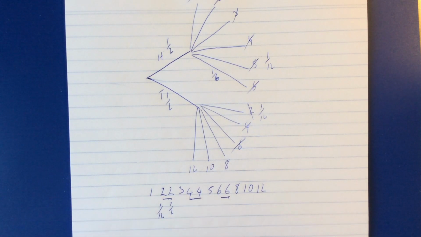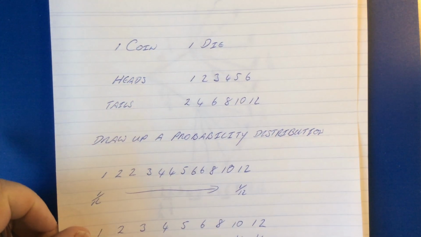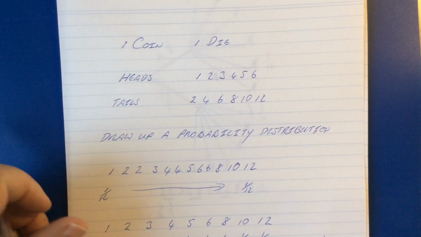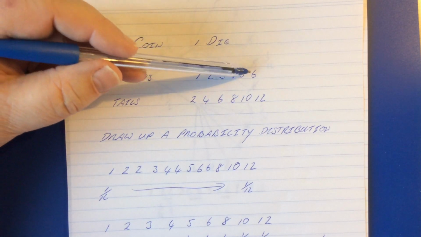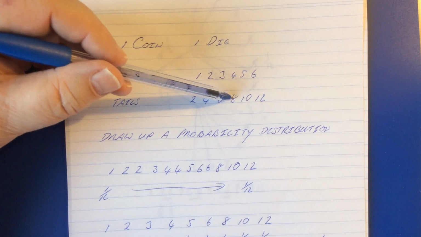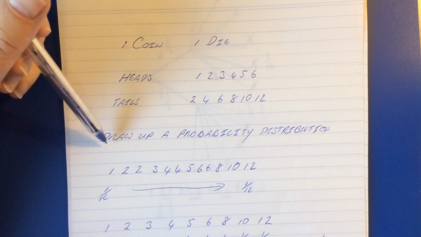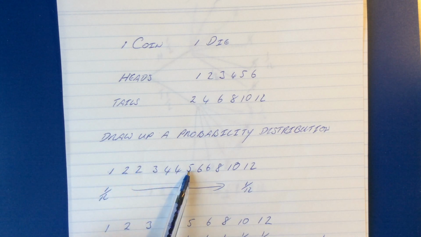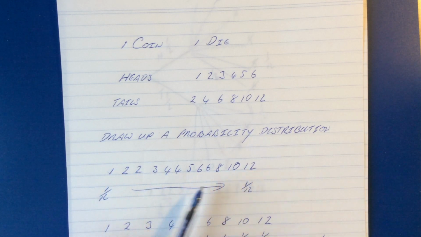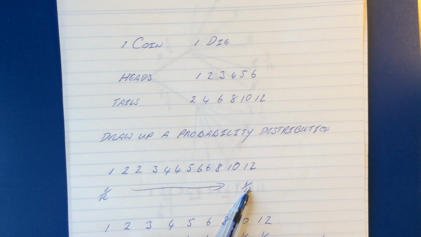So when I come to set this out, as I would set out the problem, this is what I get. So let's have a look here. We have 1 coin, 1 die. Heads we get 1, 2, 3, 4, 5, 6. Tails we get 2, 4, 6, 8, 10, 12. I draw up my probability distribution. 1, 2, 2, 3, 4, 4, 5, 6, 6, 8, 10, 12, and each one of these is 1/12.